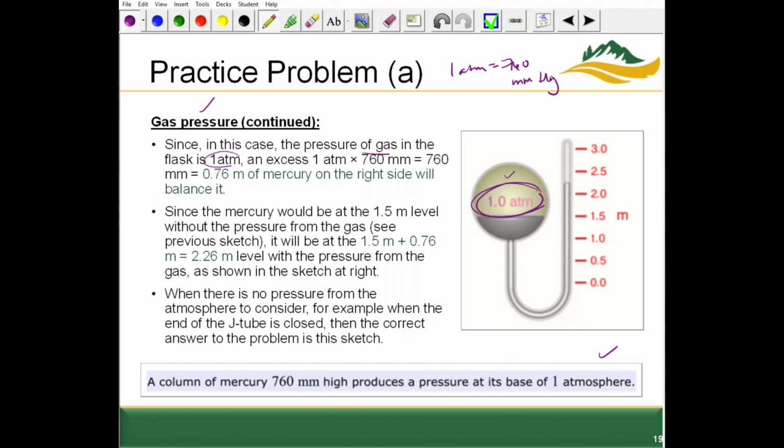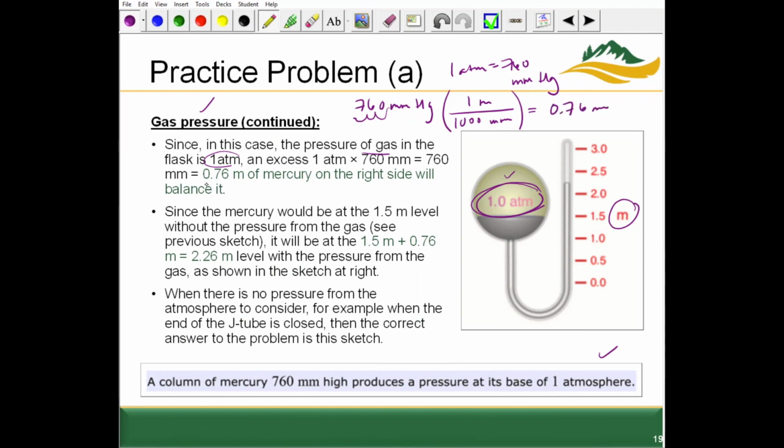Because our practice problem has units of meters, we can convert this into meters. So 760 millimeters of mercury, there are 1,000 millimeters in 1 meter. So 760 divided by 1,000, that's moving this decimal point over 1, 2, 3. That's equal to 0.76 meters.